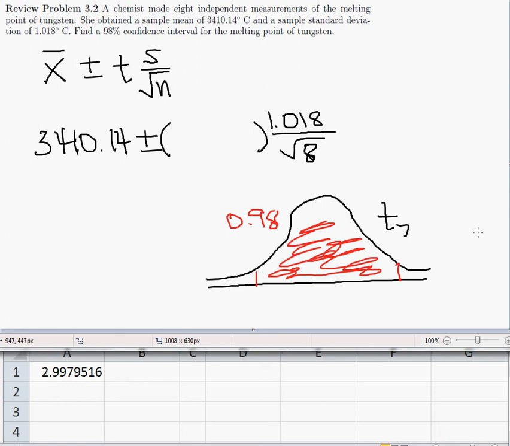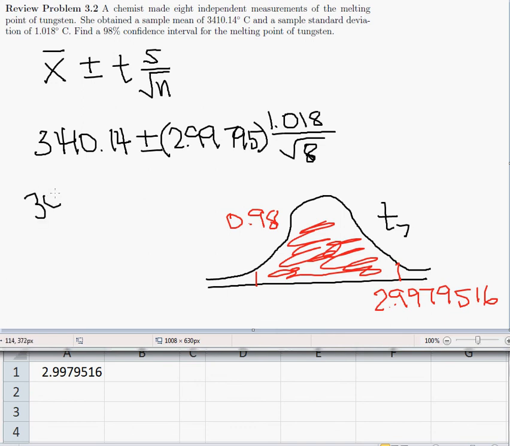And so we have the critical value, 2.9979516. And so that's the number that needs to go in parentheses, 2.99795.